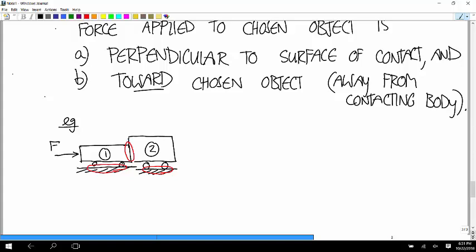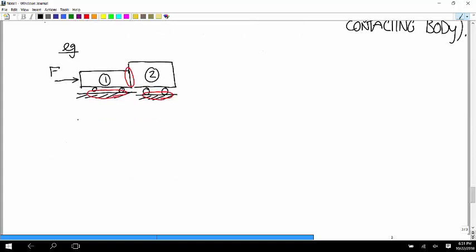Okay, so first, free body diagram of cart 1. I'm going to draw an outline of cart 1 with no internal details. You could just draw a box, but I'll put a little extra detail in.